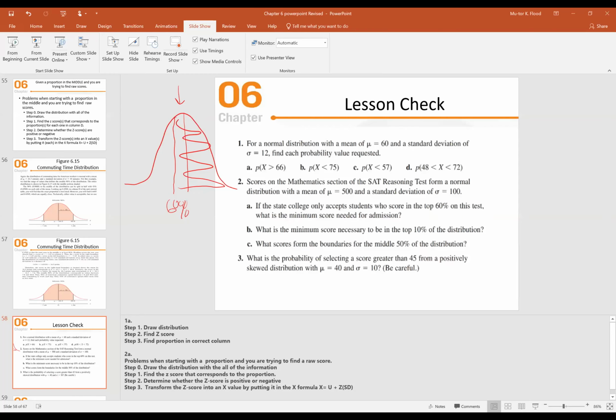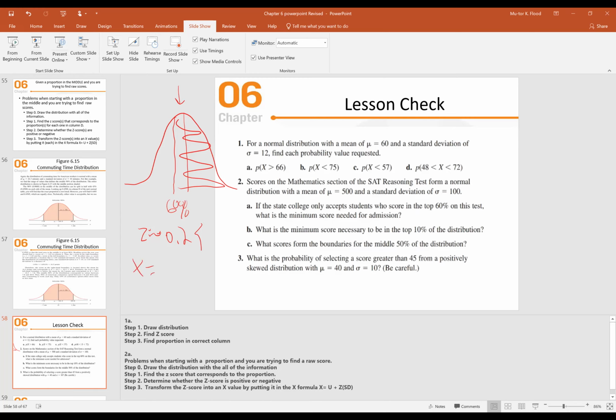However, don't make that mistake. This z-score is negative because it is below the mean. So it's a z-score of negative 0.25. But our question ultimately asks, what is the minimum score needed? So we need to change that z-score into an x score, and we put it into our x score equation.